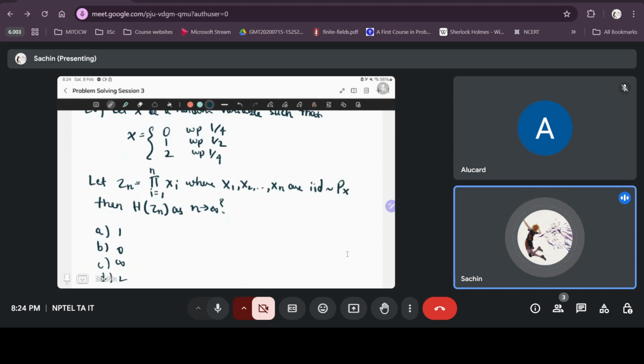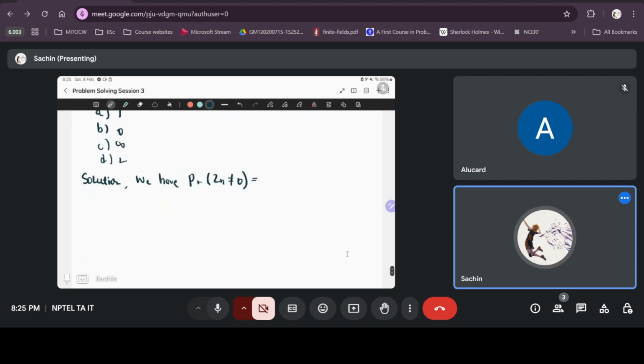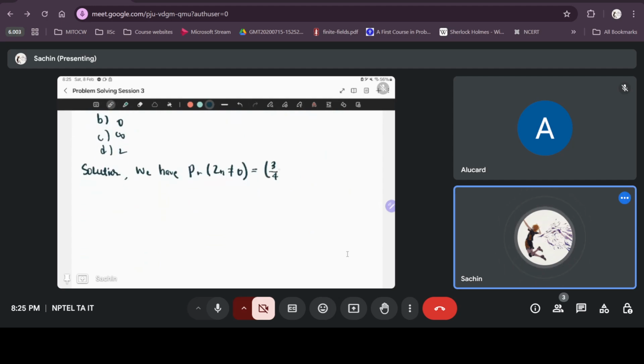Because the probability that xi takes value 0 is 1 by 4. Probability that xi does not take the value 0 is 3 by 4. Probability that none of the n xi's takes the value 0 is 3 by 4 power n. The probability that Zn is not equal to 0 is equal to 3 by 4 whole power n.